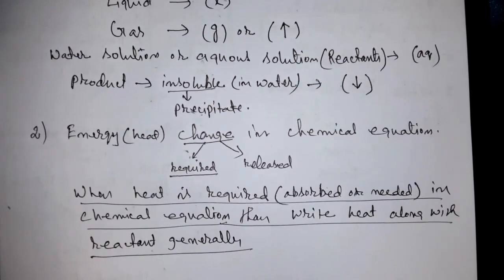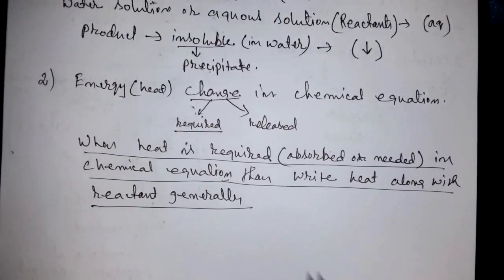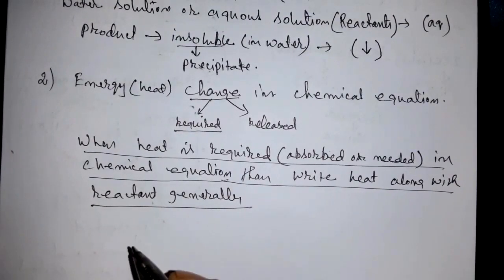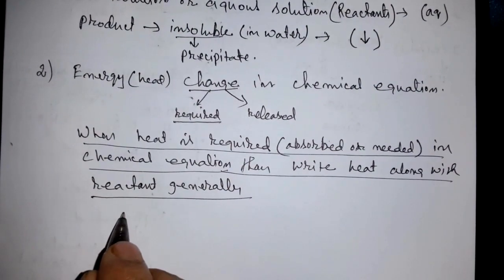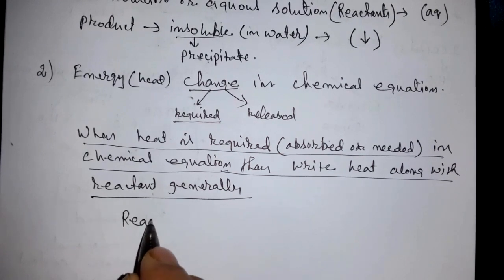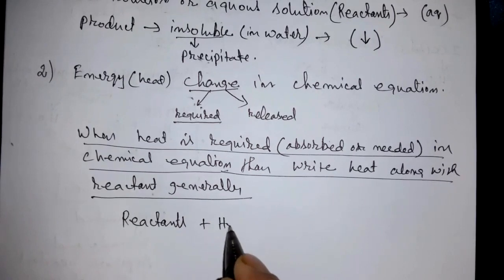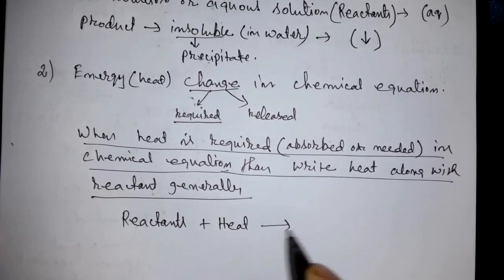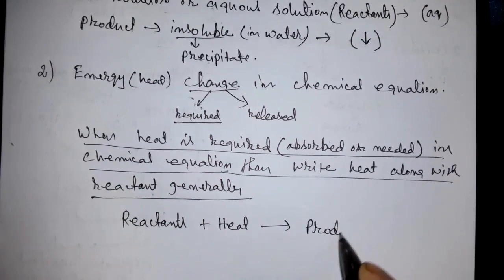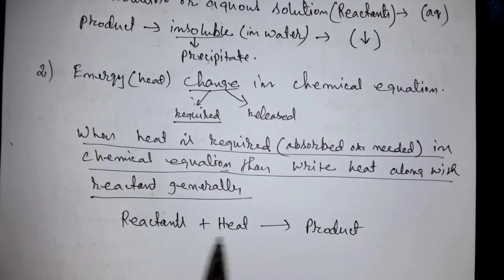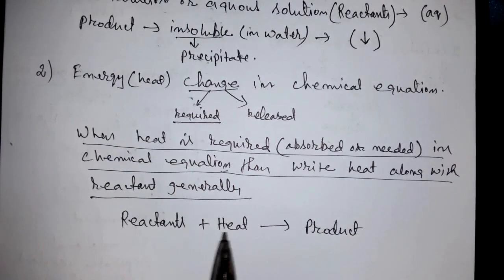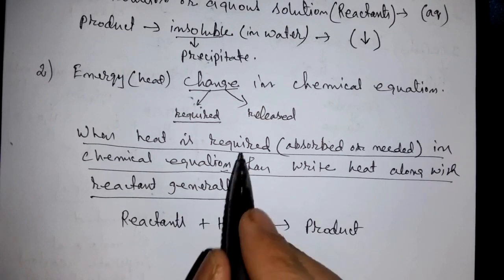So in a chemical equation, if heat is required, you can write it like this: reactant plus heat gives product. Whenever heat is on the left side, along with the reactant, that means this heat is required.